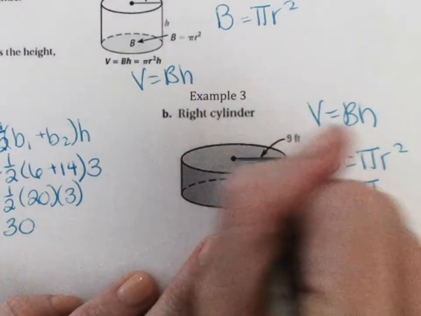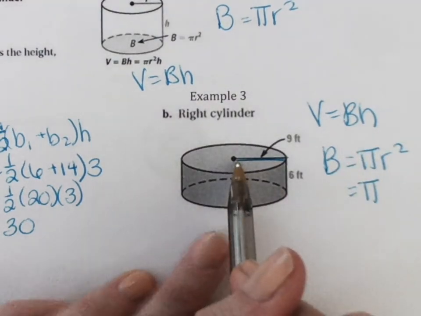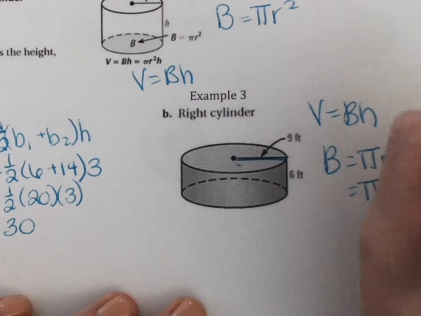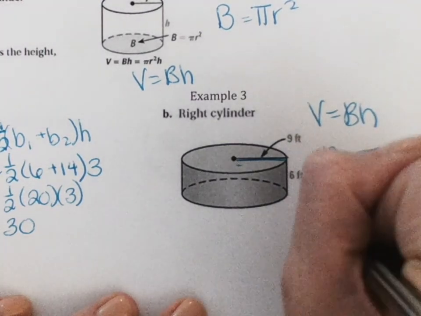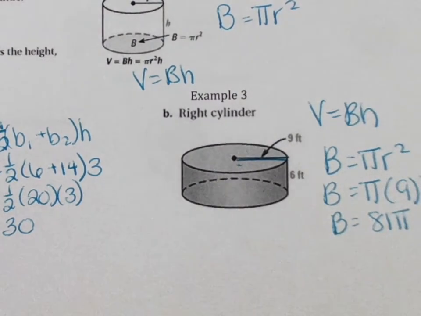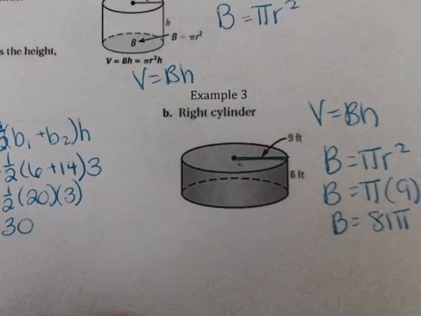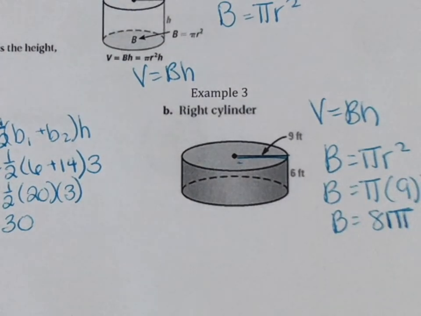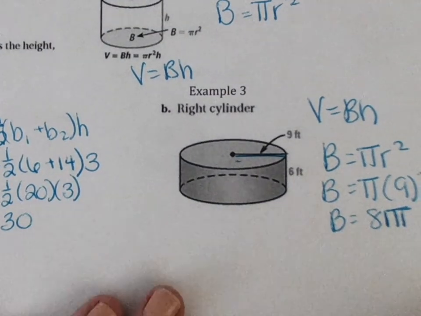The top and the bottom are the same. So pi times 9 squared. 9 squared is going to be 81. We'll just leave it as 81 pi for right now. 81 times pi. So that's the area of the base.